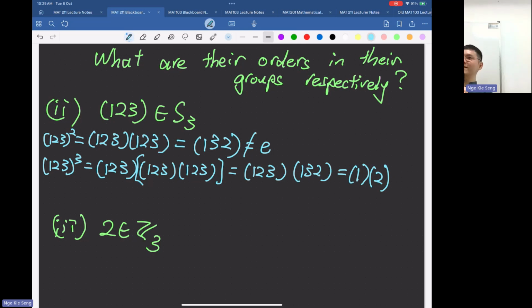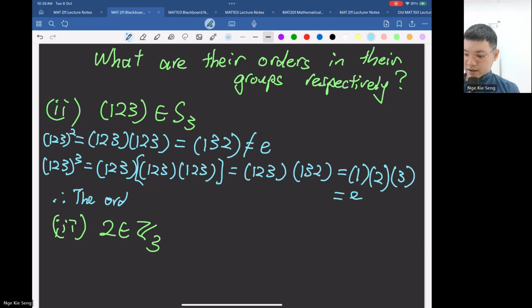Until this stage, I think you should guess already that this should be an identity. There's the last thing to go, because this has to be a bijection. 3 goes to 2, 2 to 3. So this is the identity. You can see that all positive integer powers before 3 are non-identity, and 3 is the first to reach identity. So that means the order of the element (1 2 3) is 3.